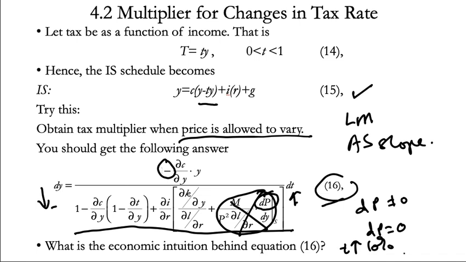If there is no change in price, the decrease in income would be bigger than when the change in price is allowed. So that means the multiplier for changes in tax rate when price is allowed to vary, or price is flexible, is smaller than the multiplier for changes in tax rate when the price is fixed.